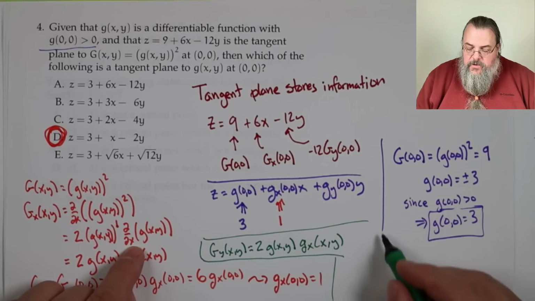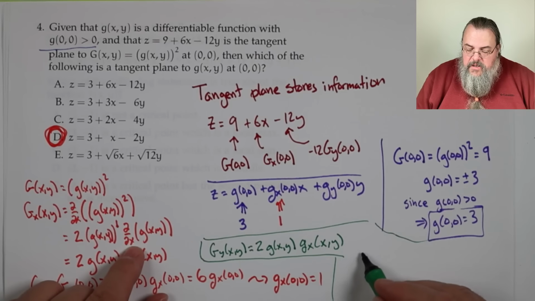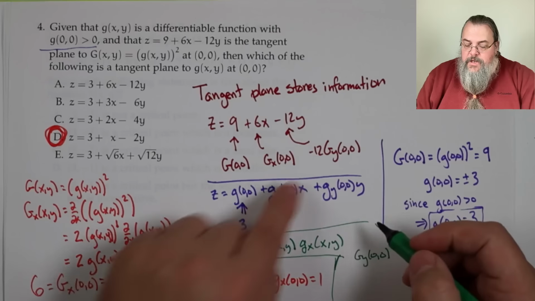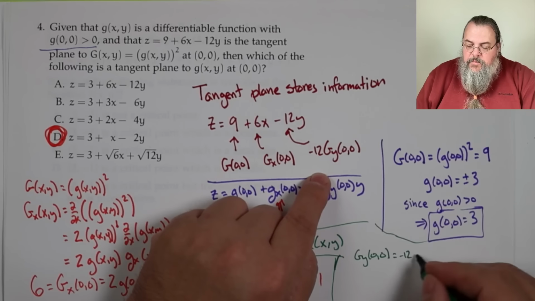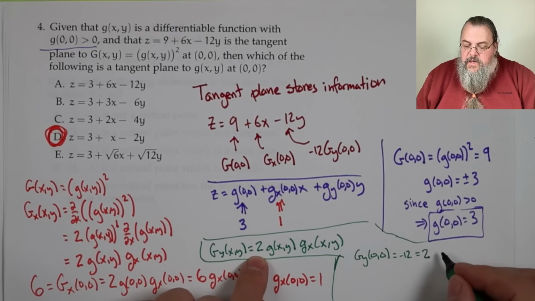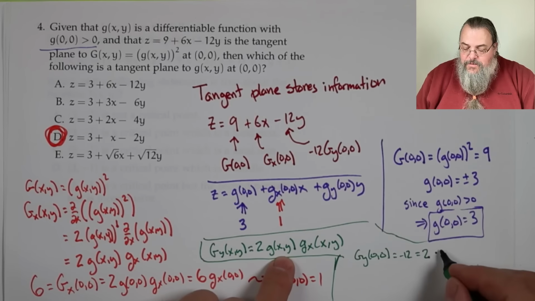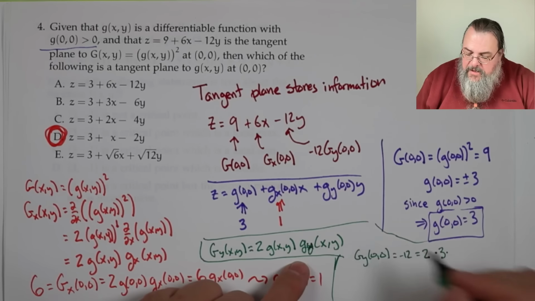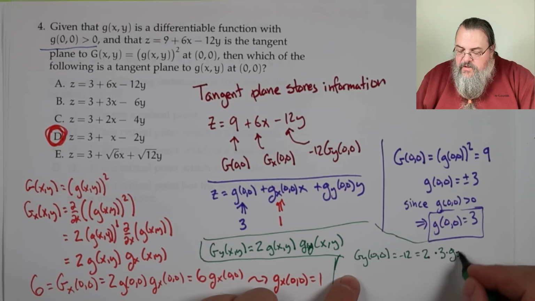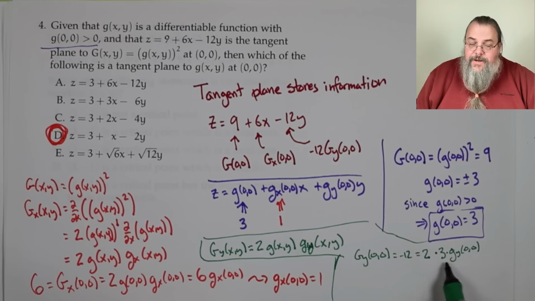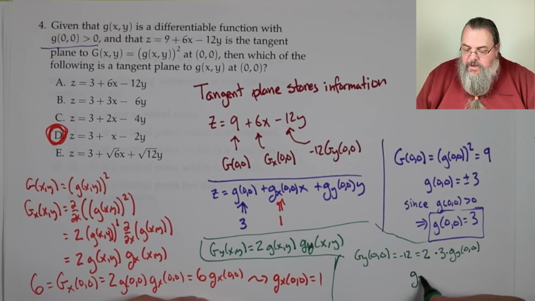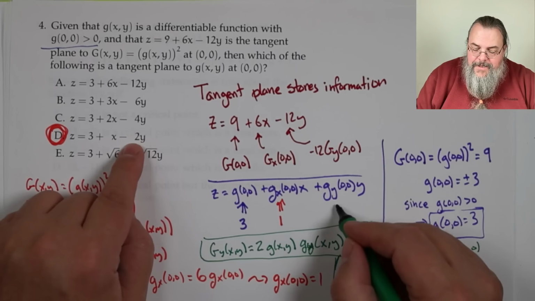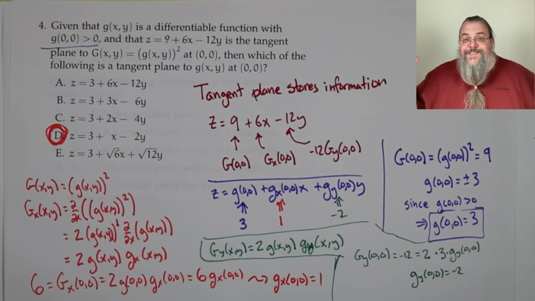So, plug in, and we get capital G sub y at 0, 0, which, by the way, we know is negative 12, but it's also equal to 2 times g of 0, 0, which is 3, times, whoops, I put an x here. I should have put a y. I'm sorry about that. Times g sub y at 0, 0. Well, now divide both sides by 6, and we get g sub y of 0, 0 is negative 2. Good.